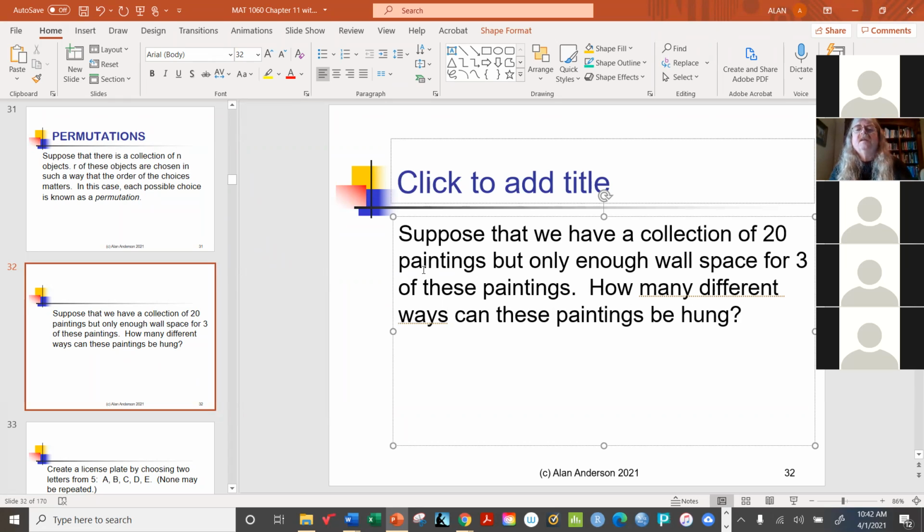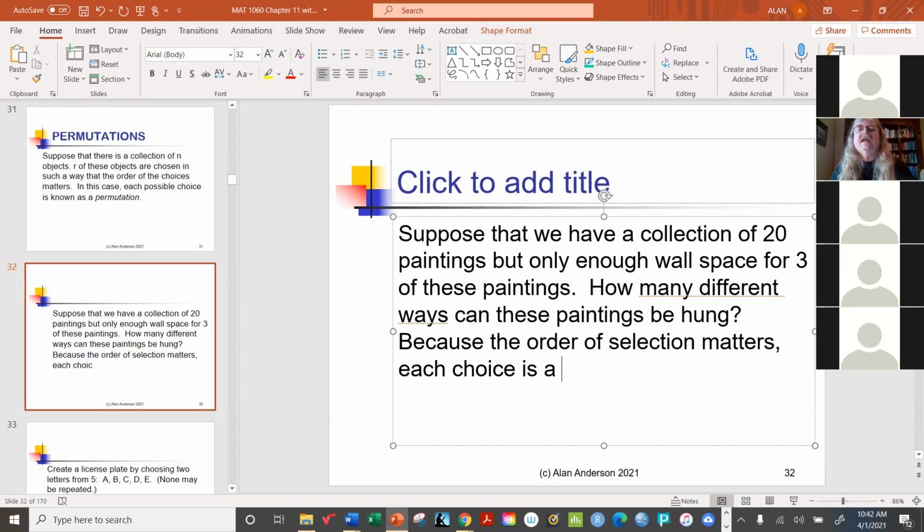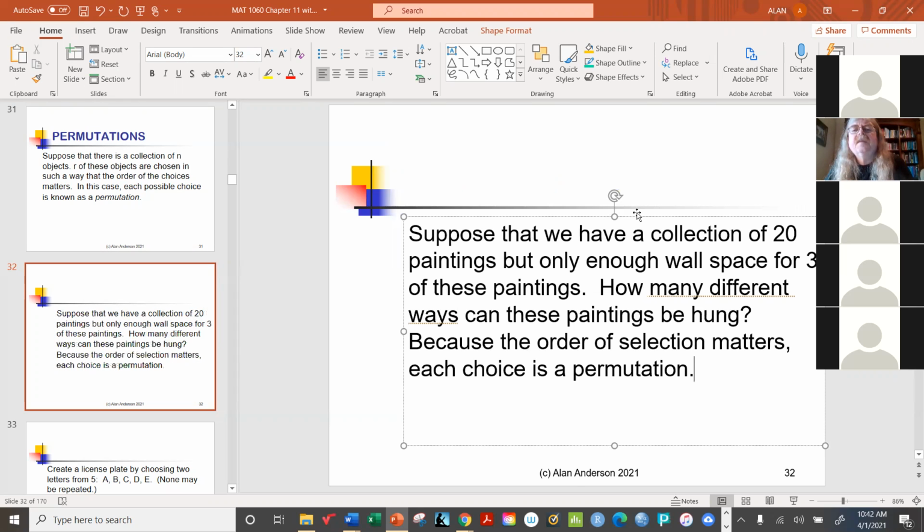So because the order of selection matters, each choice is a permutation. Now, when I say the order matters, here's what I mean by that.